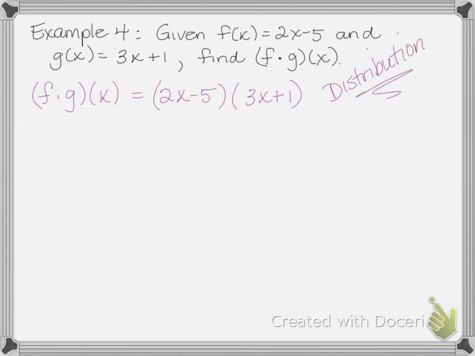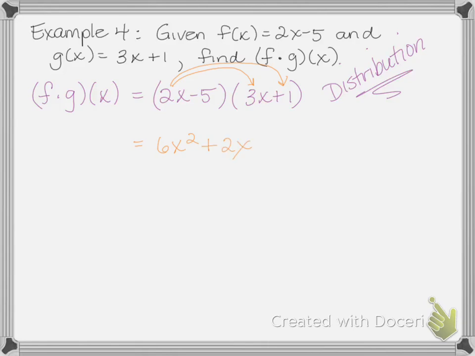I need you to make sure you distribute every term, okay? So let's start off with orange. The 2x needs to multiply by this term, and the 2x needs to multiply by this term. So let's do that. 2x times 3x is 6x squared. 2x times 1 is a positive 2x.